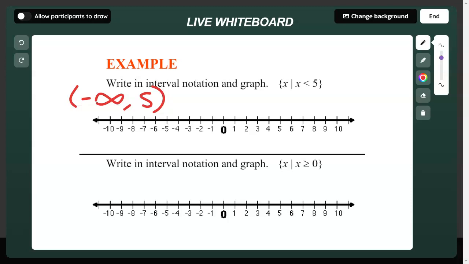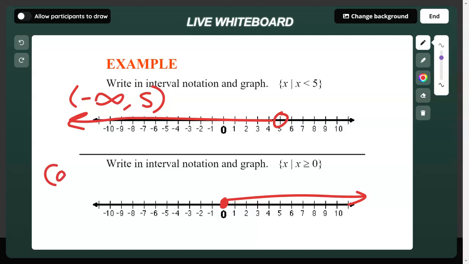So what symbol do I have at the 5? Open circle, and I shaded to the left. So there's my interval notation and my graph. What about my interval for x is greater than or equal to 0? I'm going to have a closed circle at 0, and I'm going to shade to the right. What's my interval notation going to be?